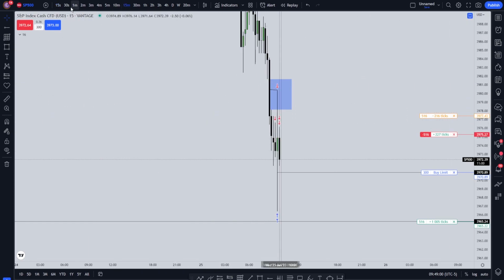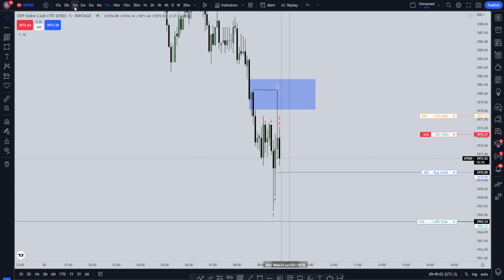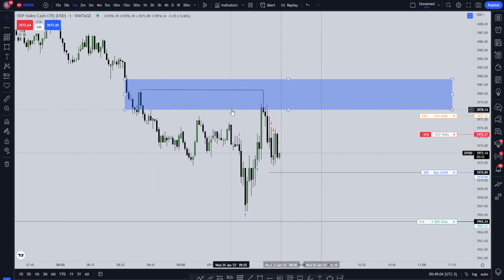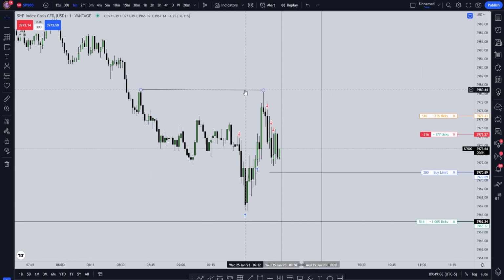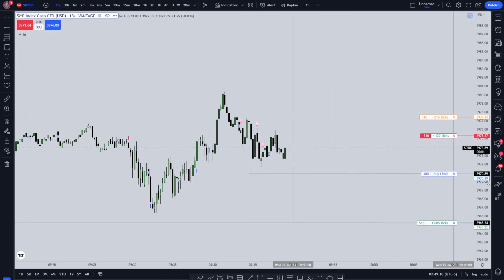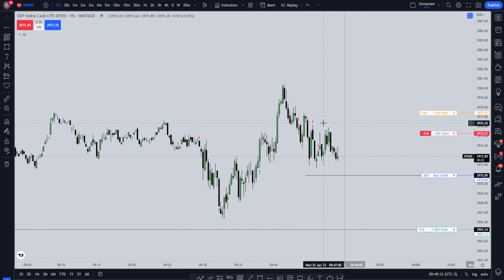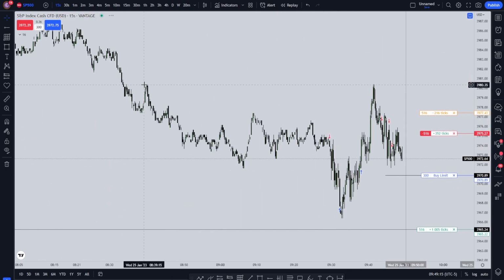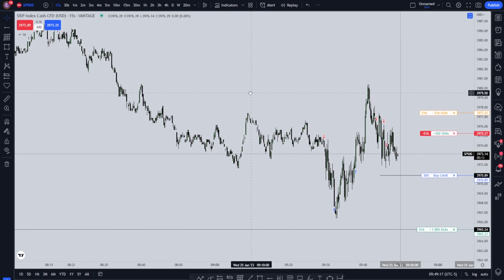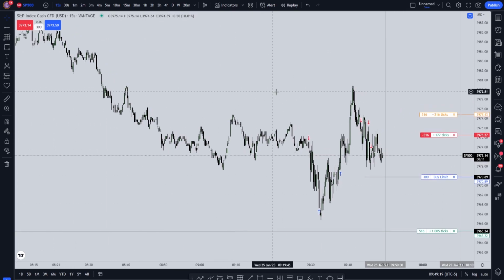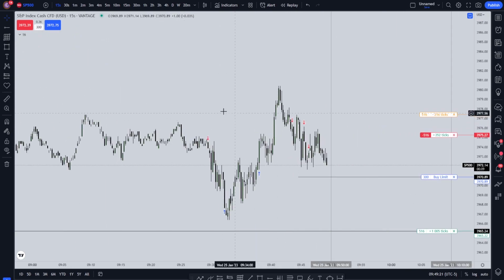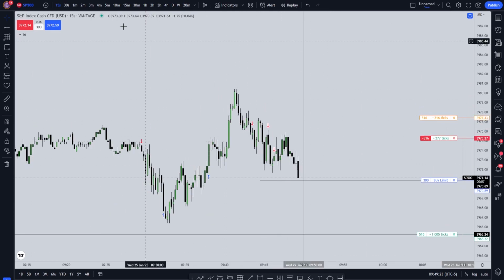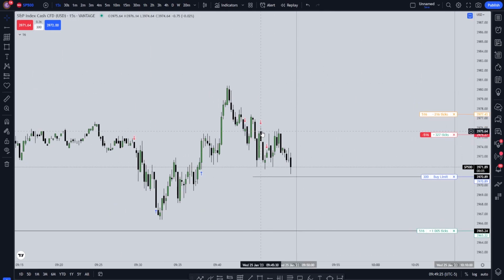So remember that 15-minute fair value gap, that's what this rectangle was above here. So yeah, also had that SMT, so have that in mind. Or you could have just had it as price took liquidity over here. These areas of liquidity have been taken and price is now going lower.